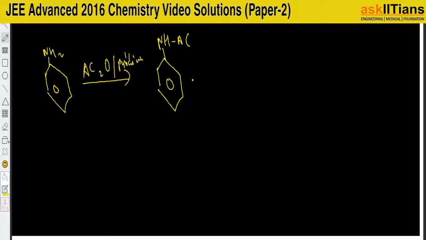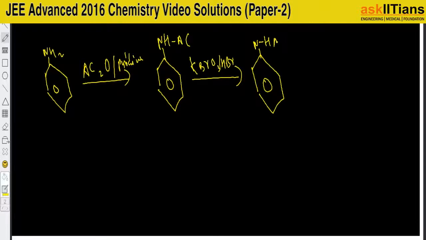Then as the group is protected, now if I add KBrO3 with HBr, this thing cannot combine with the NH2 group, right? So it will search for bromination, and obviously it is electrophilic bromination. It will search for the ortho and para positions, and for this my para position will be more stable, so I'll get something like this after passing the KBrO3.